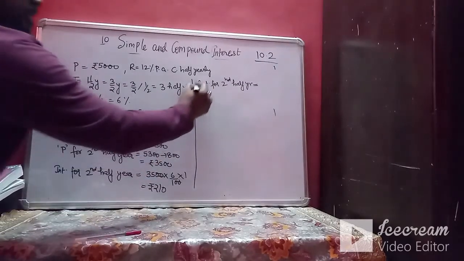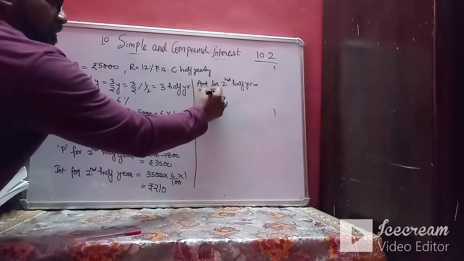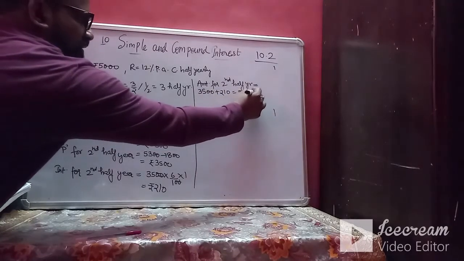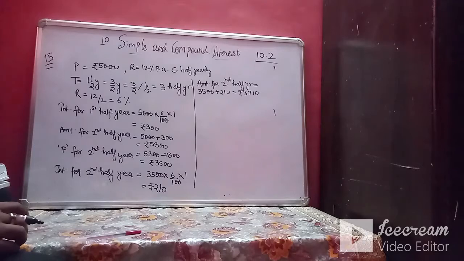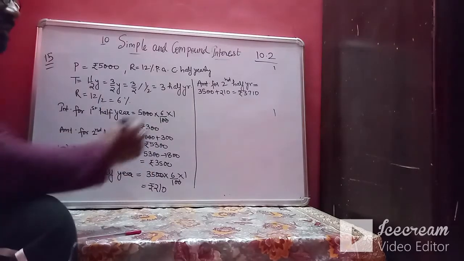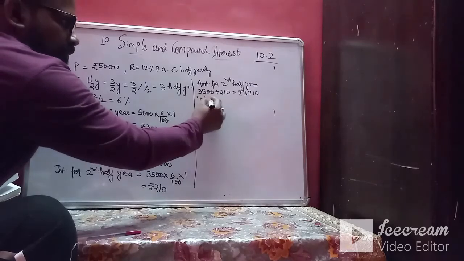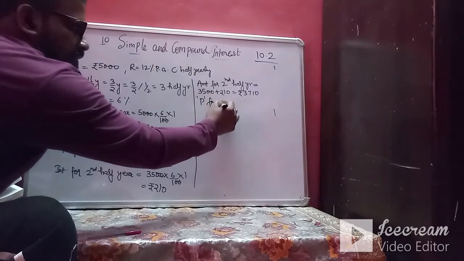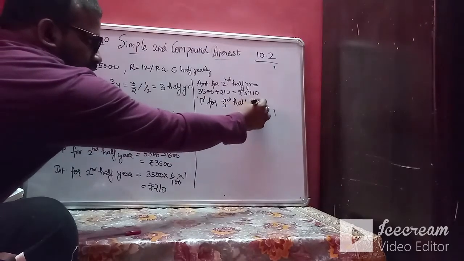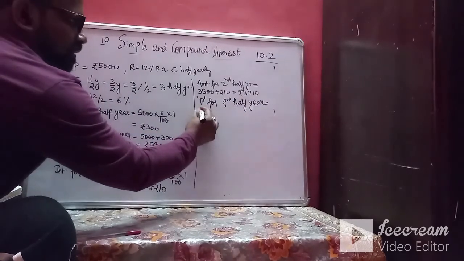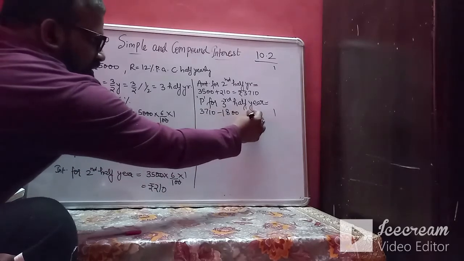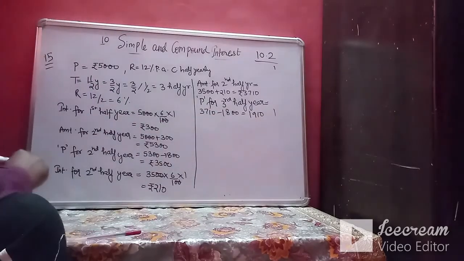How much will be the amount? 3500 plus 210, that is rupees 3710. But again he will return 1800 rupees. So P for the third half year is how much? 3710 minus 1800, that is 1910 rupees.